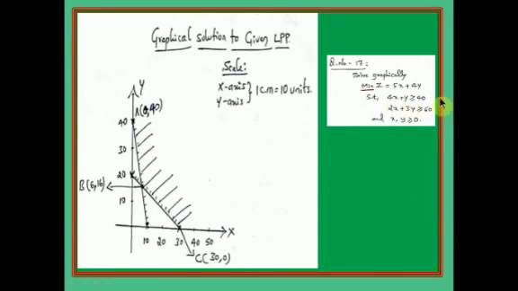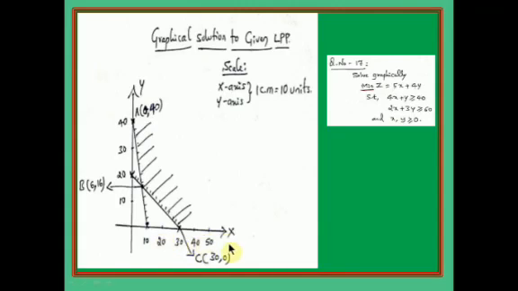Then, in the same equation, if you put y equal to 0, what happens? 4x equal to 40, x equal to 40 divided by 4, which is 10, correct? So x equal to 10. Where is x equal to 10 on the x axis? Here, x equal to 10 and y equal to 0. When y is equal to 0, we have obtained x equal to 10, which is here, and obviously y is already 0 on the x-axis.